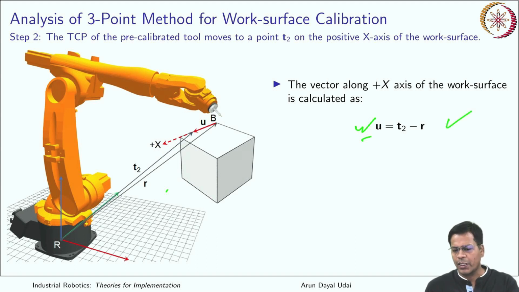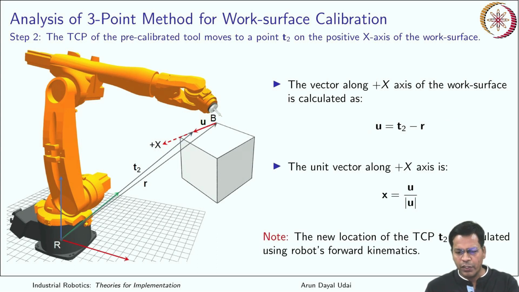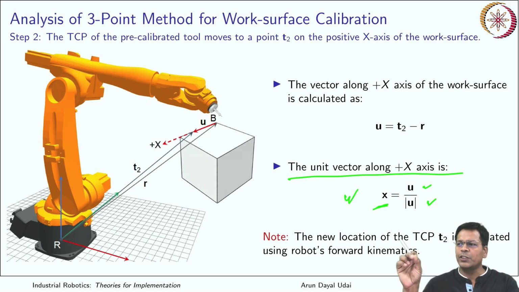So the unit vector along the x-axis can be calculated as U divided by the magnitude of U. That gives you the unit vector along the positive x-axis from the origin. Anytime we take our TCP to any location, we use forward kinematics to calculate that tip location, so that is very easy.